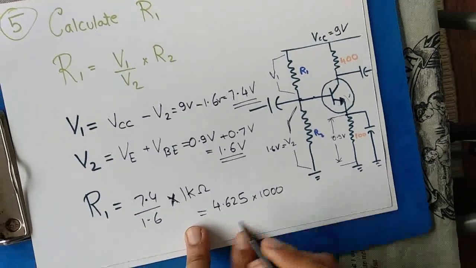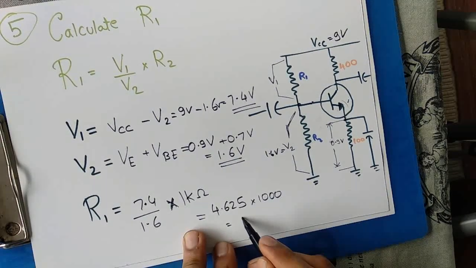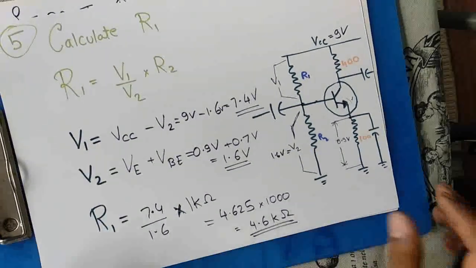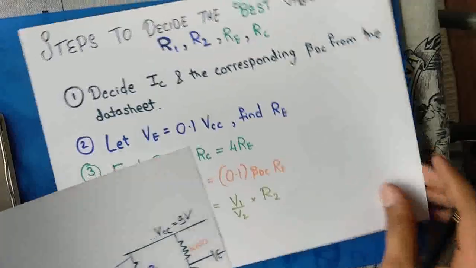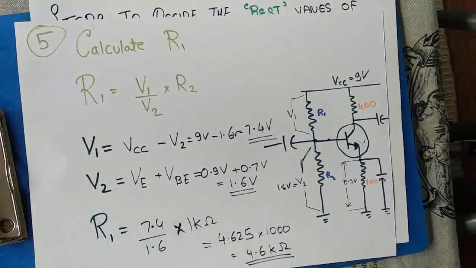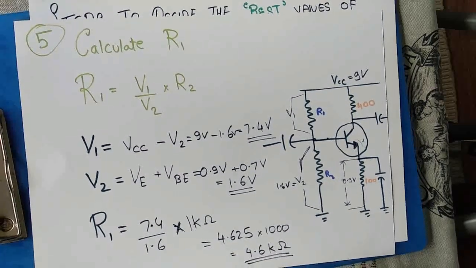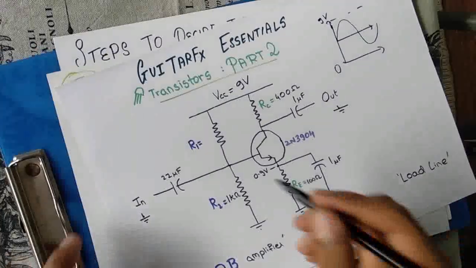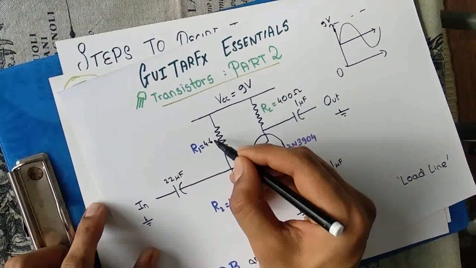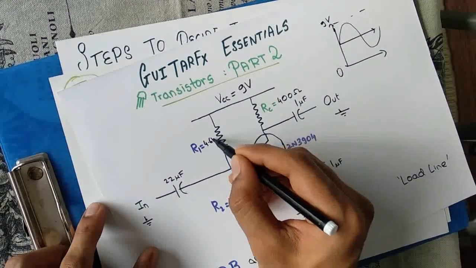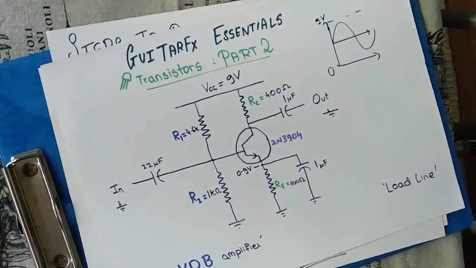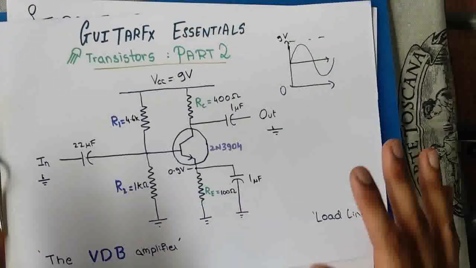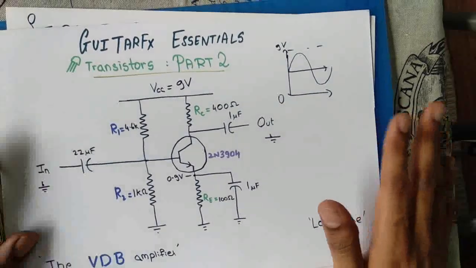That gives us basically 4.6k ohms. And that is super cool because now we have all the values we need. Let me make an entry in my sheet. We have 4.6k here. So now we have the values of all the resistors in this circuit.